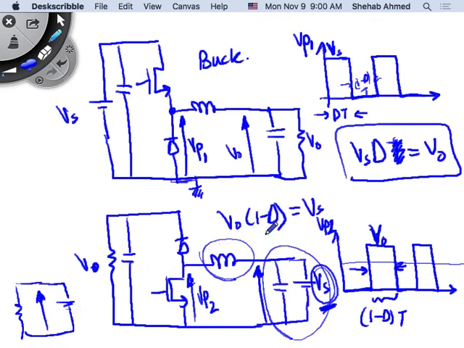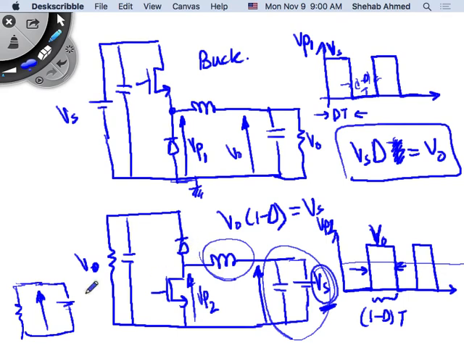How about when D is 1? These 0 or 1 values don't really happen. If D is 0, the circuit looks like this, but if it doesn't change mode, then this inductor really is not doing anything.